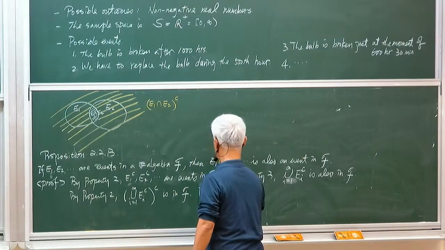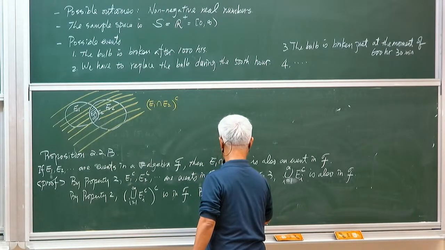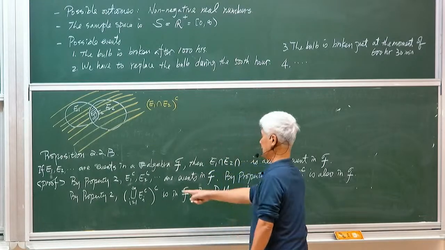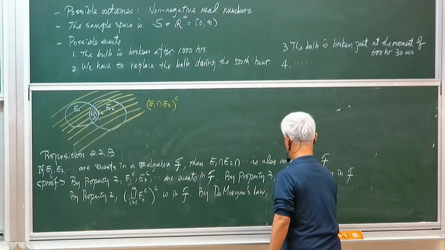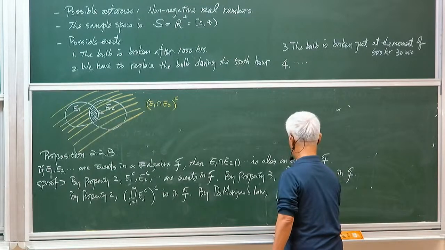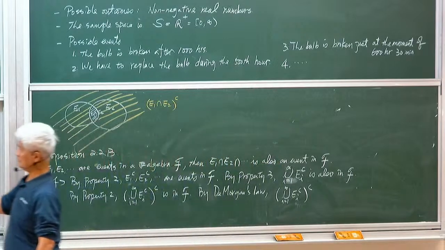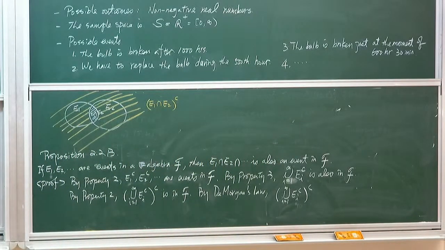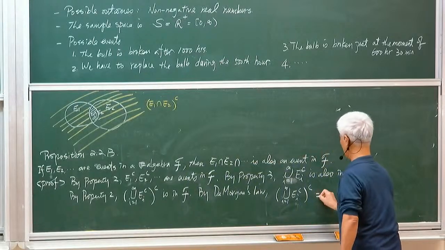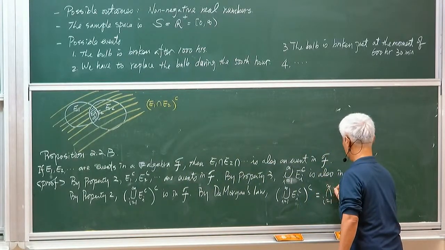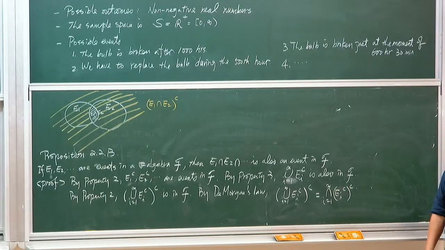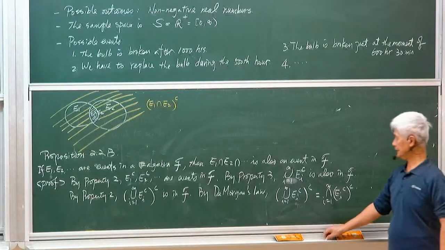Now, by De Morgan's law, the complement of the union becomes the intersection of the complements.